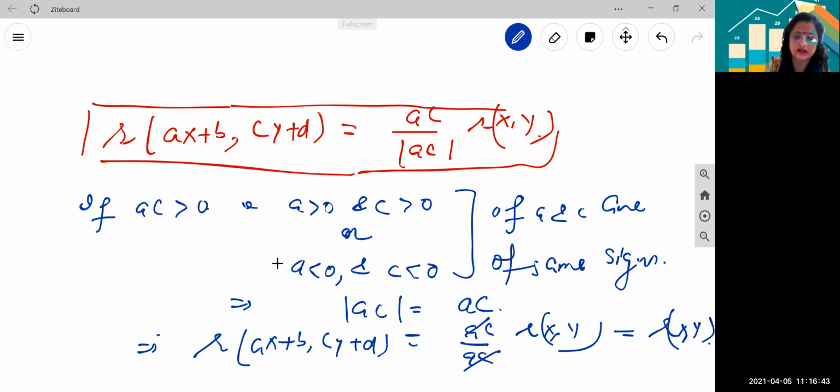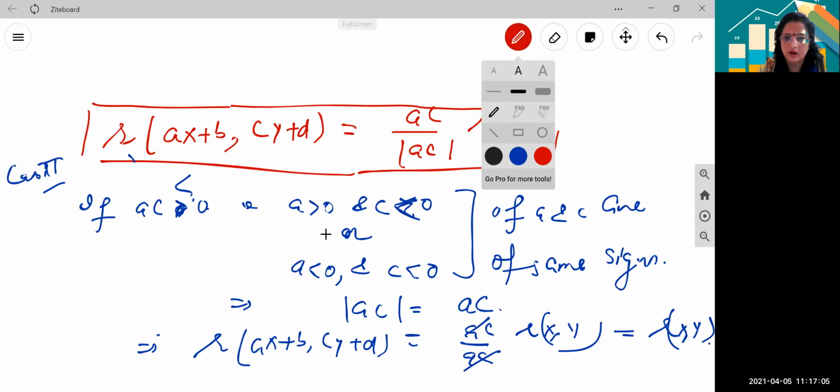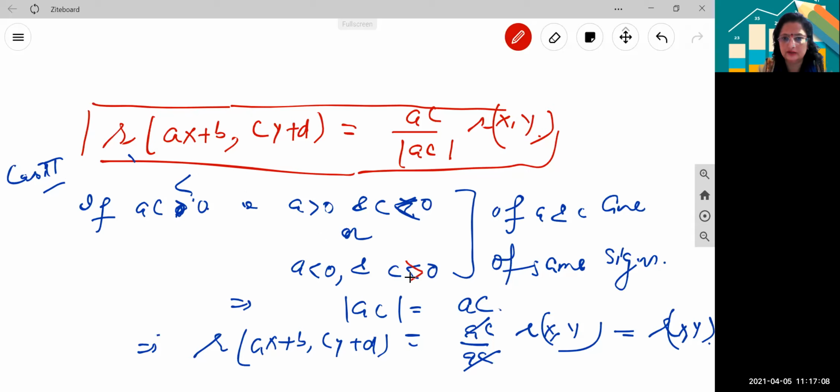Right? And if it is negative, this is the second case. Case number 1 was done earlier, now I am doing case number 2 in the same. If AC is less than 0, then if A is greater than 0, C will be less than 0, and if A is less than 0, then C will be greater than 0. That is, A and C are of opposite sign.